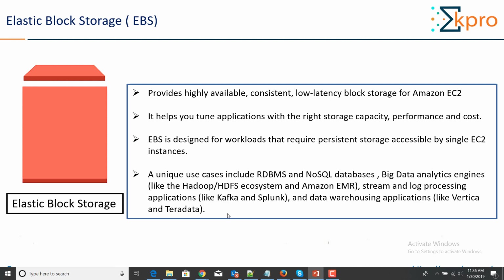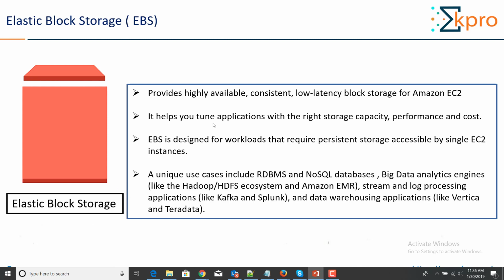That means that suppose you have to launch an RDBMS in a virtual machine. Which storage can you choose? Because for an RDBMS the binaries need to be installed. If you have a NoSQL database that needs to be installed, you need block storage. Suppose you have to launch a virtual machine for your big data analytics or to run your Hadoop HDFS, which storage can you choose?